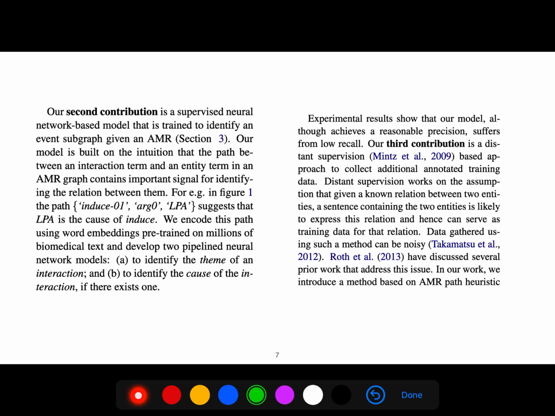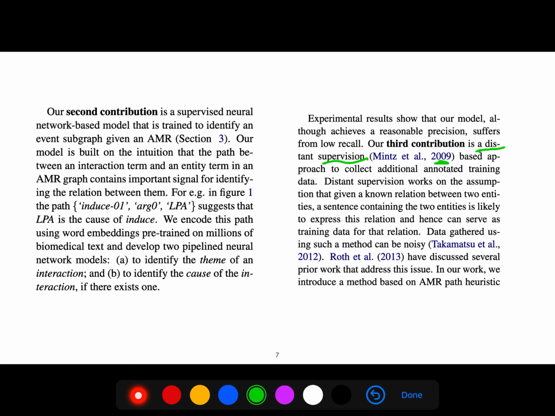So the second contribution is a supervised neural network that is trained to identify an event subgraph given an AMR. Our model considers AMR as a good feature and representation. Our third contribution is distance supervision, as I said, based on this approach to collect additional annotated training data.